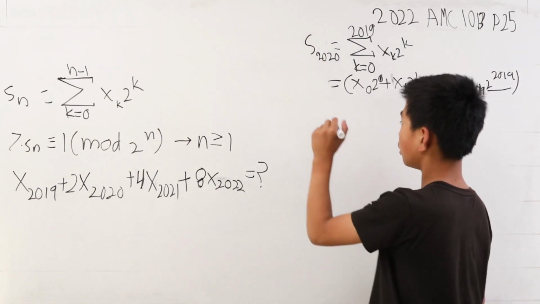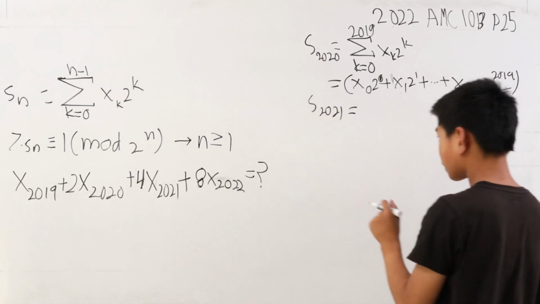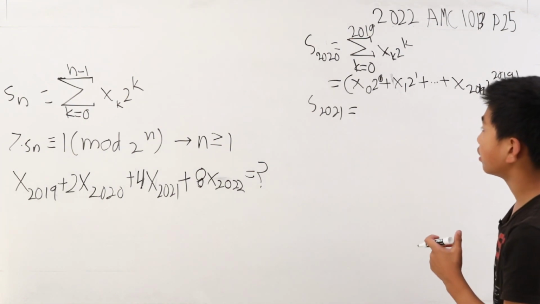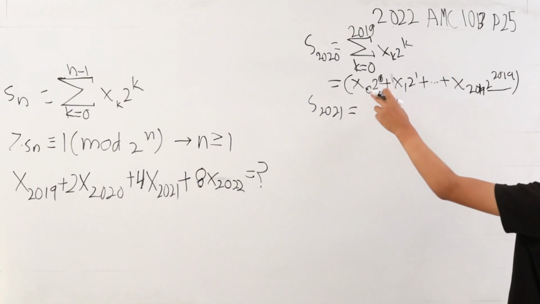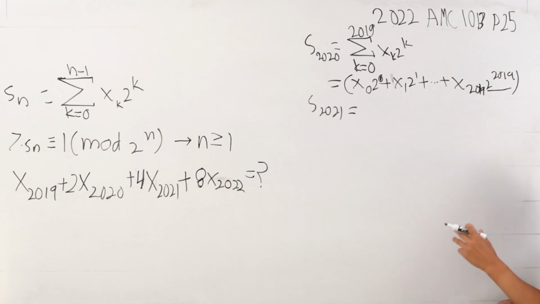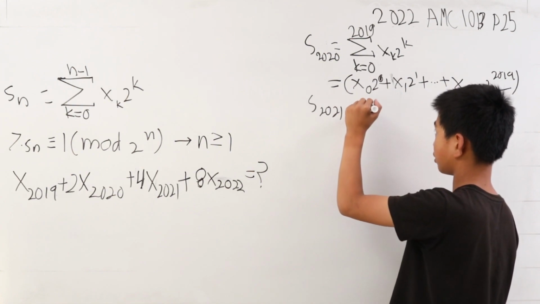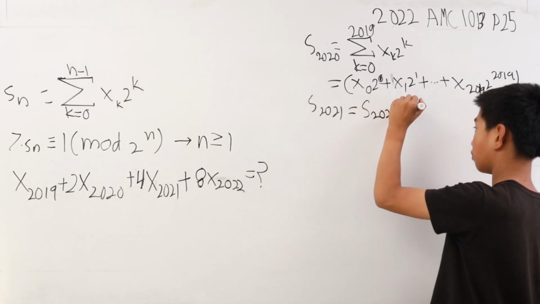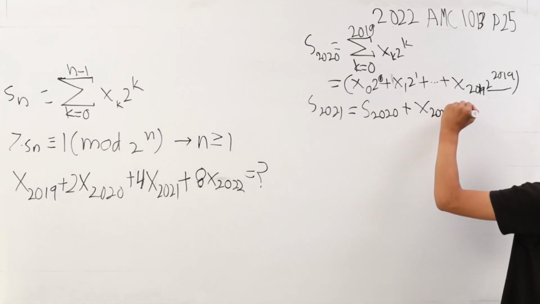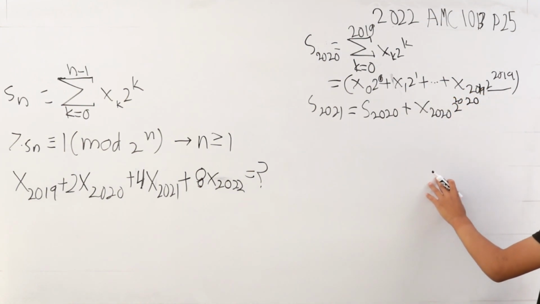Alright, so let's continue. S of 2021, we can simplify this a lot. It would be all the terms from x0 times 2 to the power 0 up to the last term, which has a 2020 now, but we can save a lot of time and energy by just writing S of 2020 plus x of 2020 times 2 to the power of 2020, because it's just adding one more term.